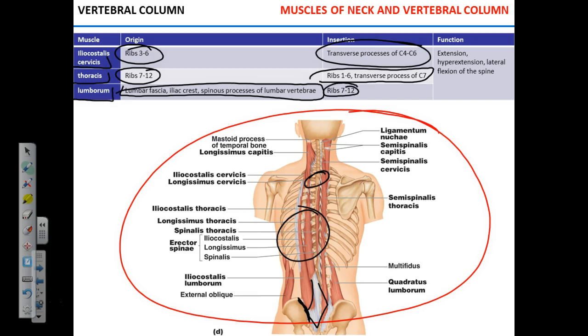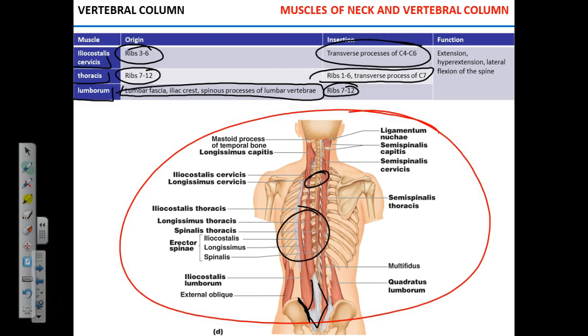So if you think about this, what happens? Cervicis originates in the lower ribs. Insertion is lower cervical vertebrae. Thoracis originates in the last 6 ribs. Insertion are sort of the first 6 ribs. Lumborum originates in the lumbar region. Insertion is the last 6 ribs. So I don't know how to explain. Each lower portion inserts in the upper portion. Does that make sense? So they kind of go step by step. Where upper portion originates, lower portion inserts.